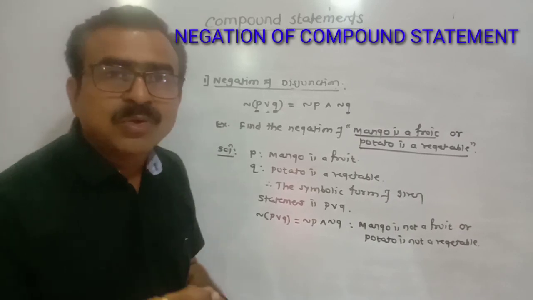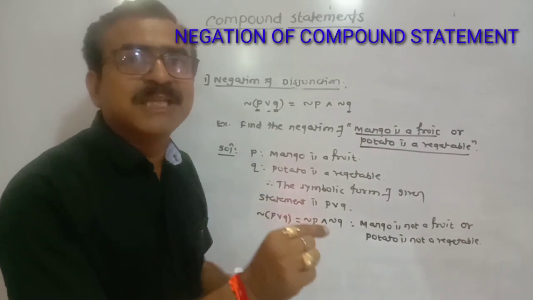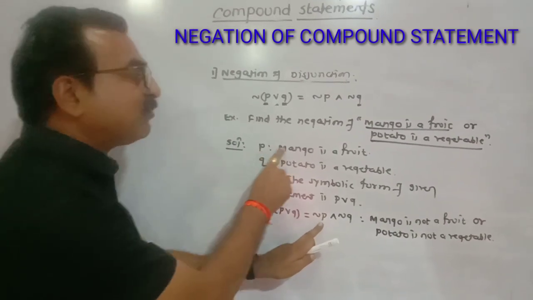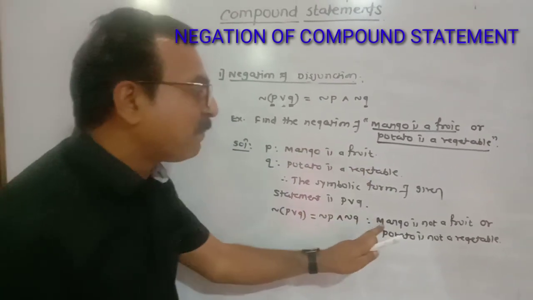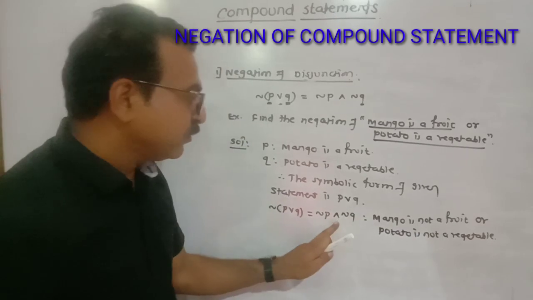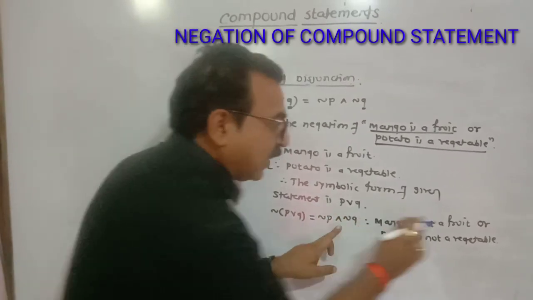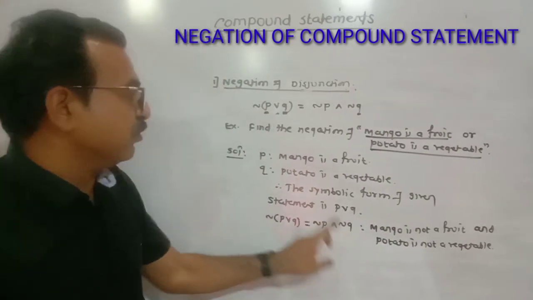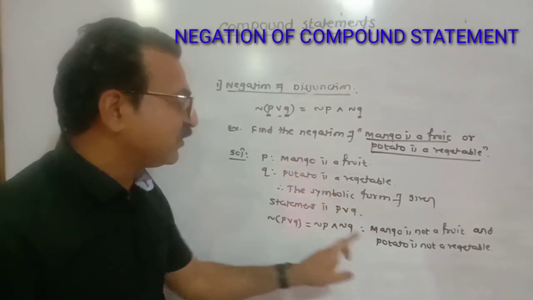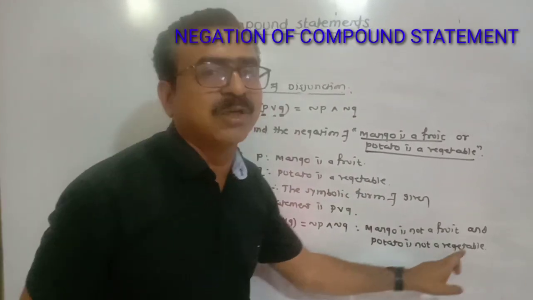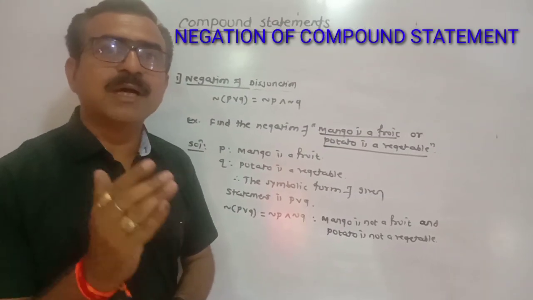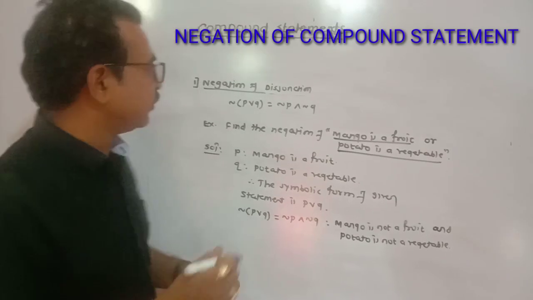So the verbal form of the negation of disjunction becomes negation P. P means mango is a fruit. Its negation, mango is not a fruit. Then AND. Negation Q. Potato is a vegetable. Its negation becomes potato is not a vegetable. Understood? Now let us learn about the negation of implication.